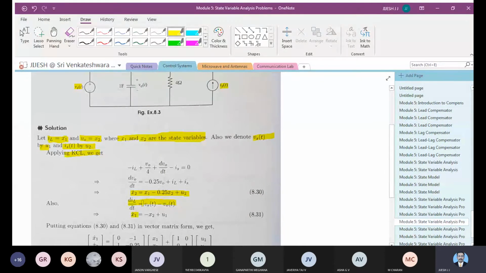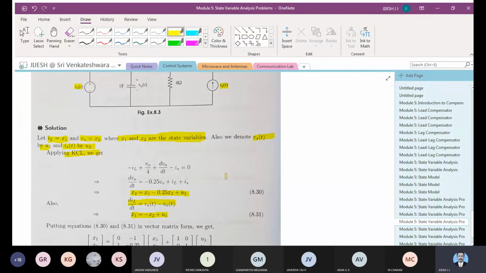You will be replacing Vs of t with u1, and V0 of t is x2, so it will be minus x2. So you get the equation x1 dot is equal to minus x2 plus u1. So this is what you get: two equations in terms of x1 dot and x2 dot.